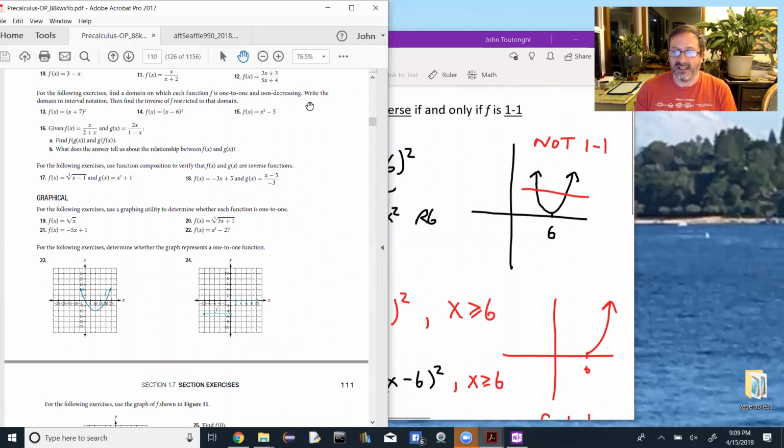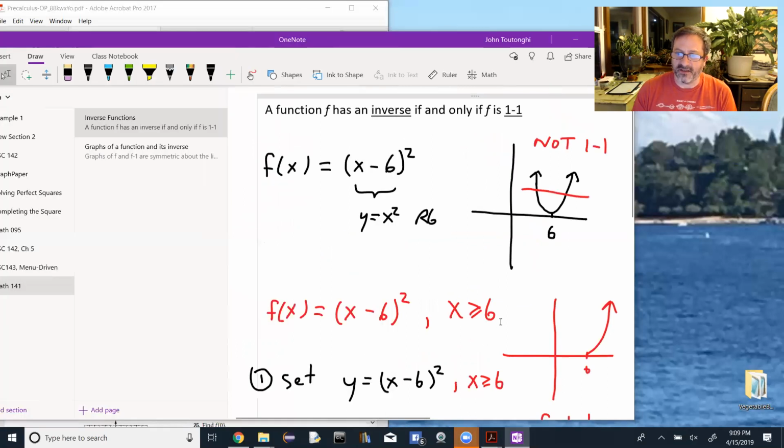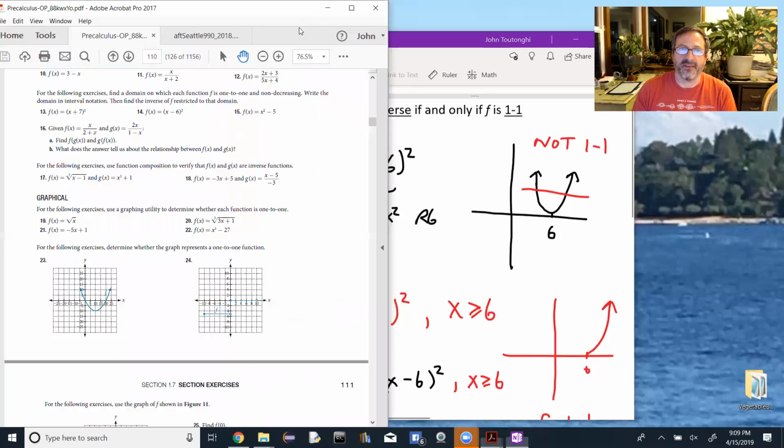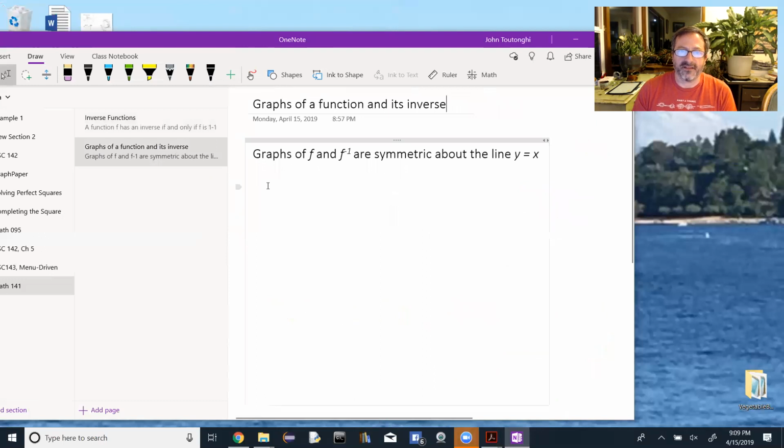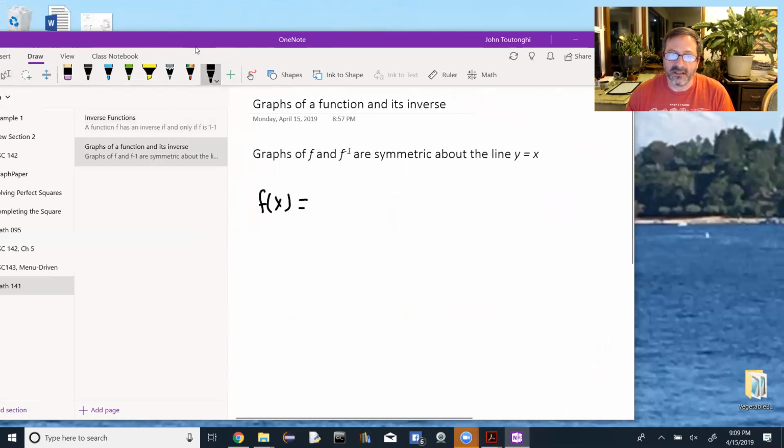They just want the half of this parabola that's increasing, which is from 6 to infinity, or x greater than or equal to 6. Okay, let's look at the graphs of these two functions. So the original function, f of x, was (x minus 6) squared on the domain x greater than or equal to 6.